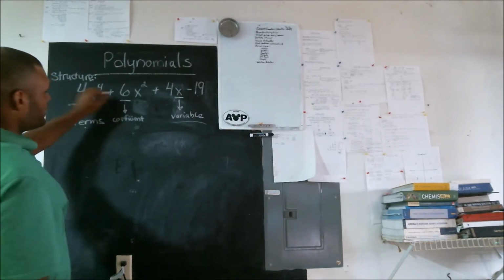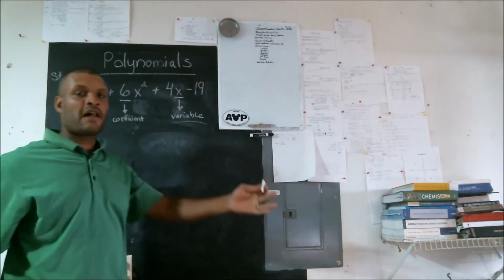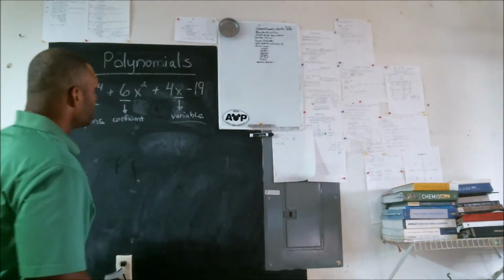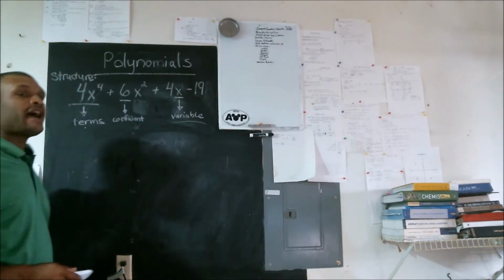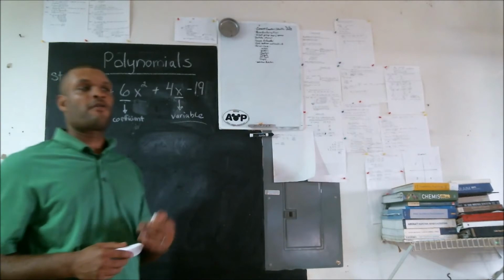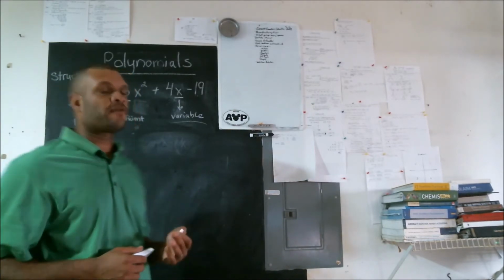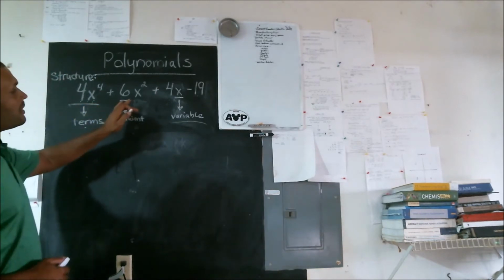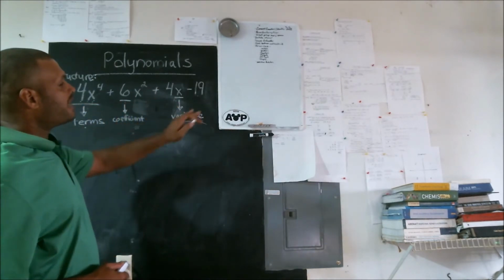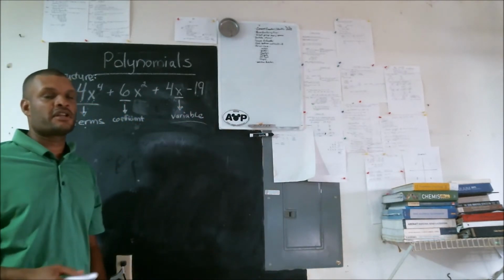And we have many of these, right? That's what a polynomial is, many terms. Now, I'm going to let you know that in part 3 of our video, you'll see that this is in its simplest form. The 4x to the 4th, 6x squared, 4x minus 19 is all in its simplest form.